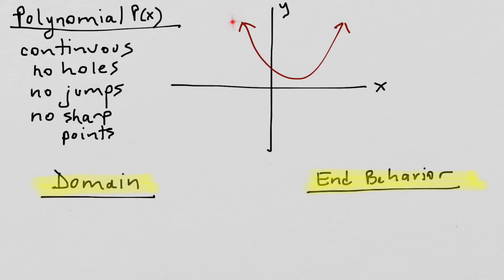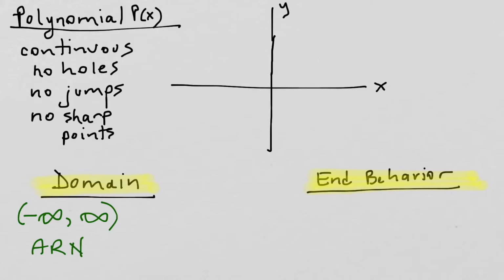That means any x in this direction will lie on this graph. Any x in this direction will lie on this graph. That's what's indicated by these arrowheads on the ends. When that's the case, we've learned this before, that means your domain is all real numbers, written as -infinity to +infinity in interval notation.